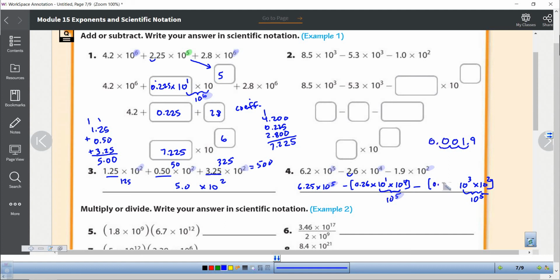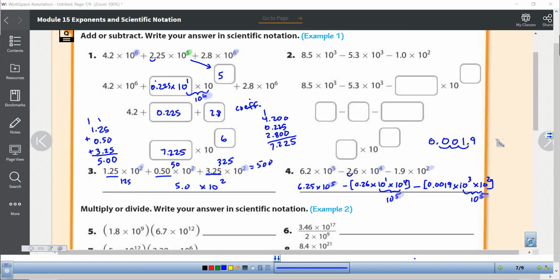I get 0.0019. I did not leave myself enough space. Here we go. Let me try again. 0.0019 times 10 to the 5th power. Okay, now they are all the same. I told you this was kind of tricky, all right?